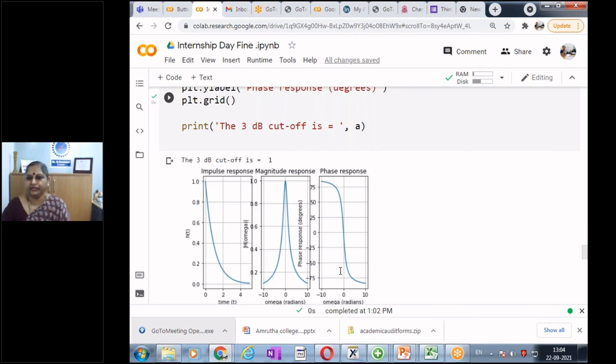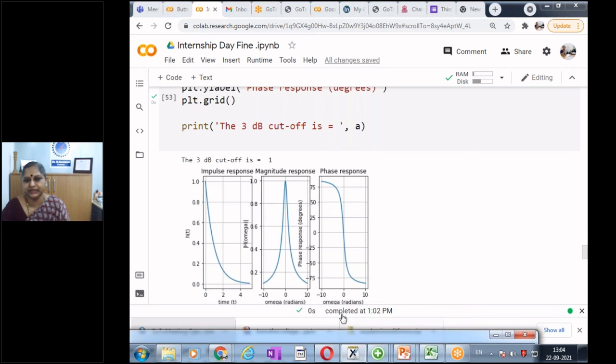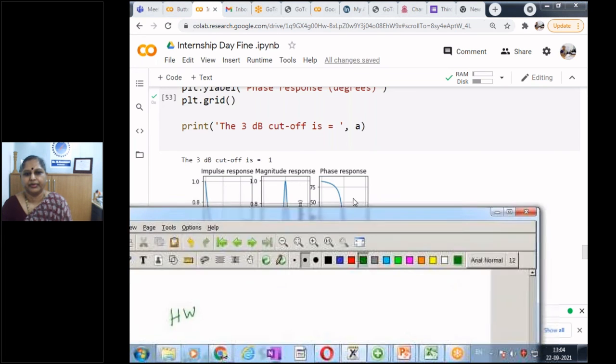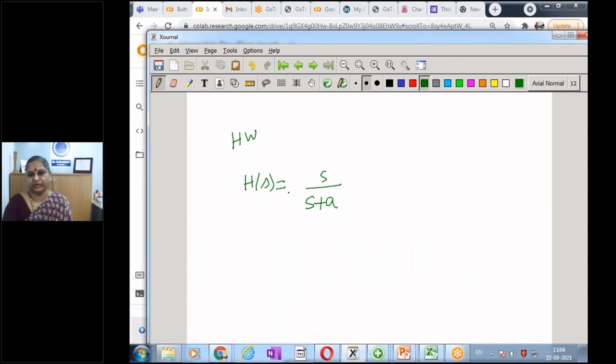So now I give you two homework problems. This is one problem: what happens to the transfer function if I change it this way? And the second homework problem is, how does the program get modified if I change it to, say, a specific example?